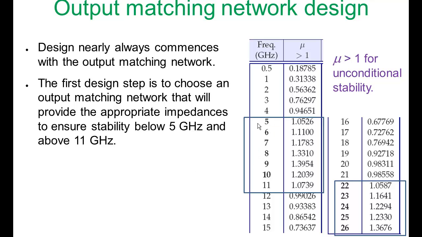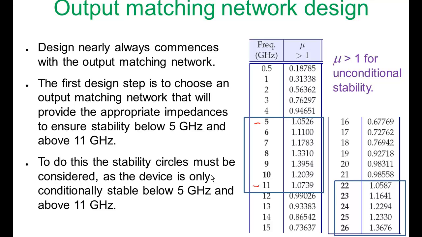So between 5 and 11 GHz our amplifier will be unconditionally stable. Below 5 GHz it will only be conditionally stable, and between 12 and 21 GHz it will only be conditionally stable. So to design the matching network we must consider the stability circles.